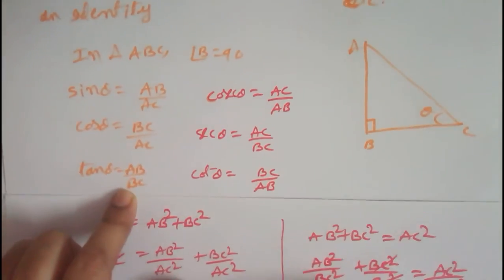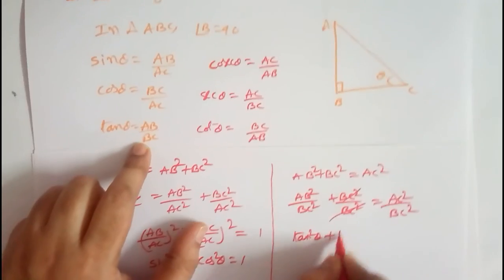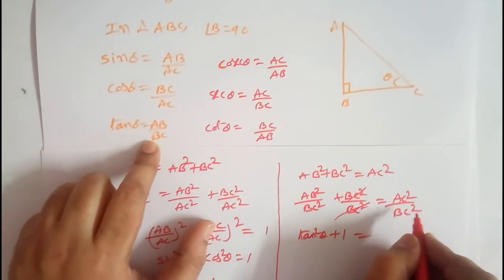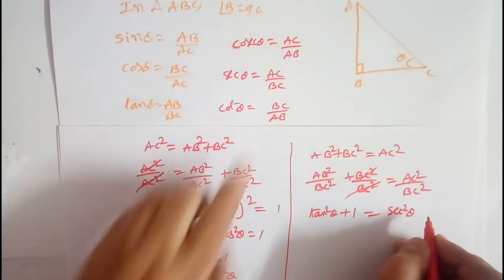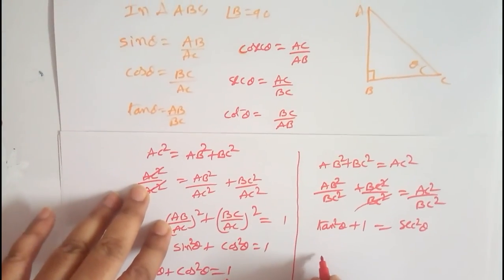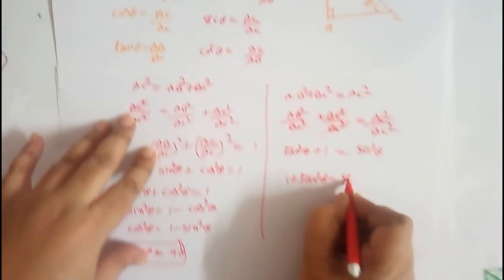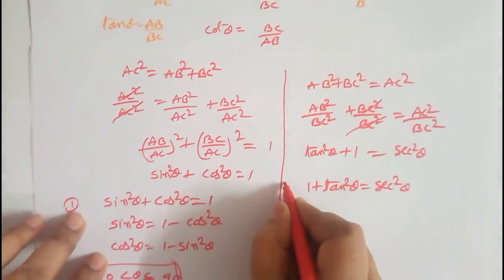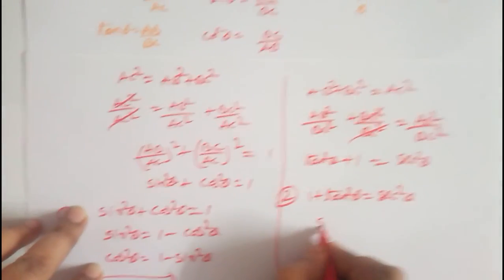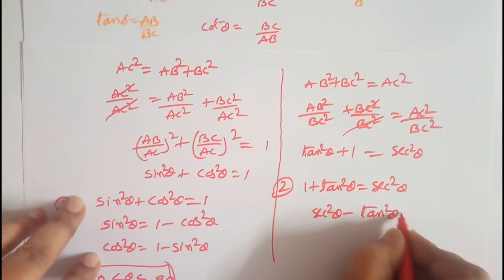AB by BC is tan theta. So you can write tan square theta plus 1 is equal to (AC by BC) secant theta, so you can write secant square theta. So what is this identity? Second identity, 1 plus tan square theta is secant square theta. From this one you can write secant square theta minus tan square theta is equal to 1.